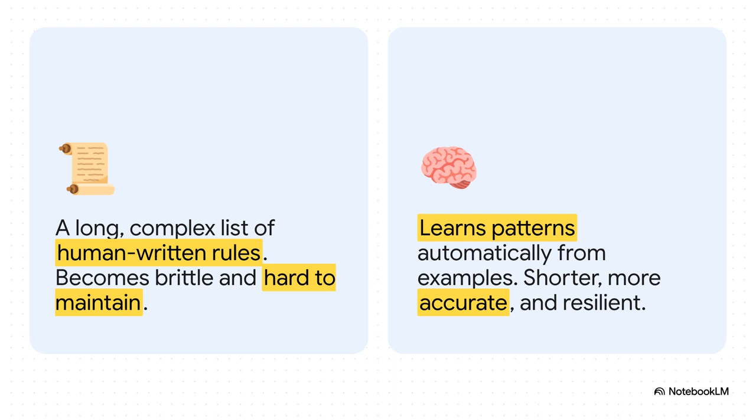The problem? This list gets crazy long and is impossible to keep up with because spammers are always one step ahead. Now, with the machine learning approach, you don't write rules at all. You just show the program a bunch of spam and a bunch of good emails, and you say, "figure it out." The program finds the patterns on its own. What you get is a system that's not only way more accurate, but it's also resilient. It can take a punch and adapt.